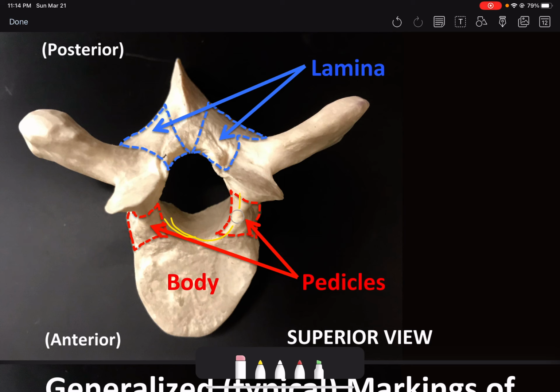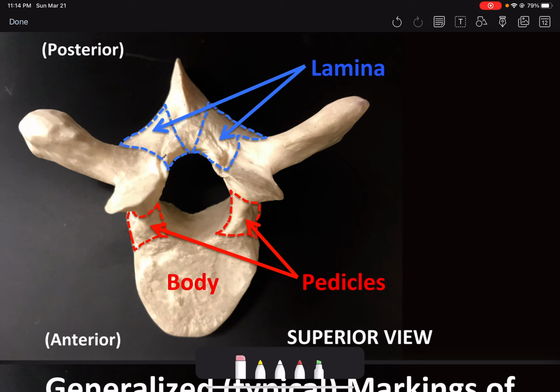So these first, or I should say second, sets of bony markings are going to surround this vertebral foramen, all right? And the first set that I want to focus on are the pedicles, which are directly attached to the body, right? So they are going to start to stretch around and surround the anterior aspect of this vertebral foramen.